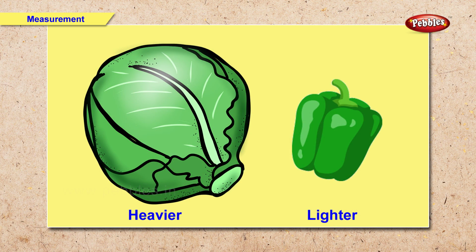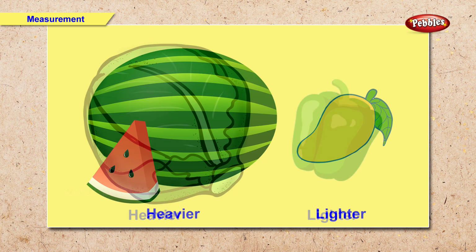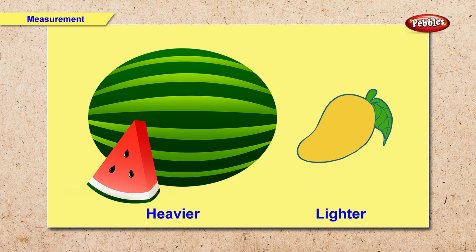Here we have a cabbage and a capsicum. So which vegetable is heavier and which is lighter? Right. The cabbage is heavier. The capsicum is lighter. And now we have a watermelon and a mango.